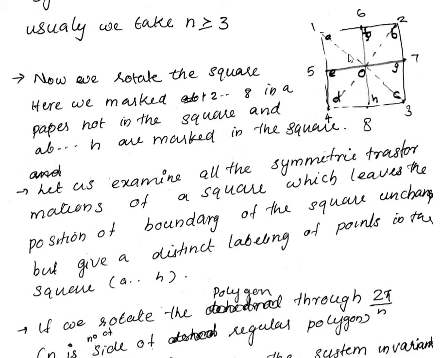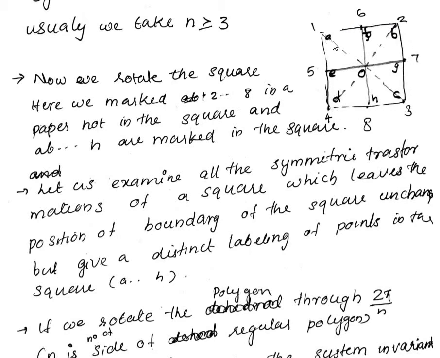In order to study the symmetric operations of the square, let us cut the square from a paper. Points 1, 2, 3, 4, 5, 6, 7, 8 are marked on the paper, and from that paper suppose we cut the square.